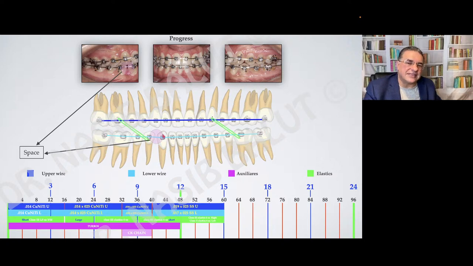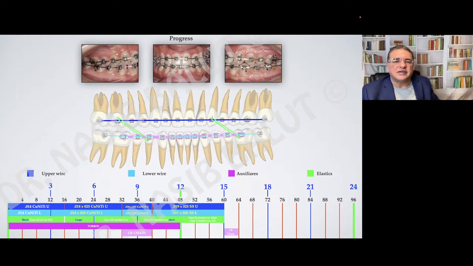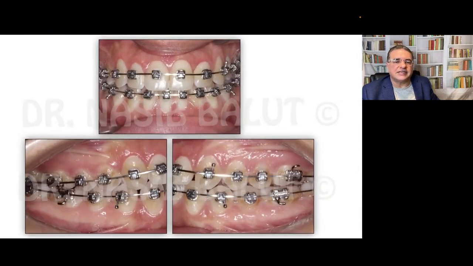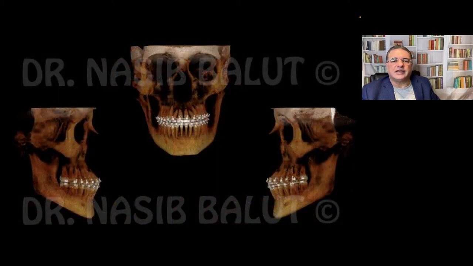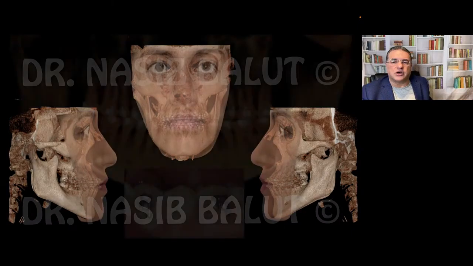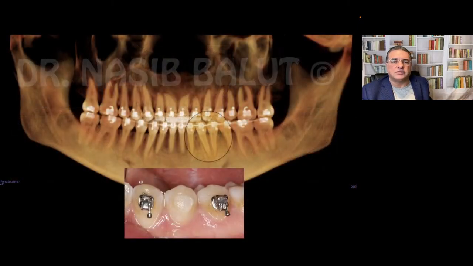Because of the use of elastics, we created a small space. We place a chain in the lower arch with the 17 by 25. And we took the CBCT before we debond to check the torques and the cortical bone.